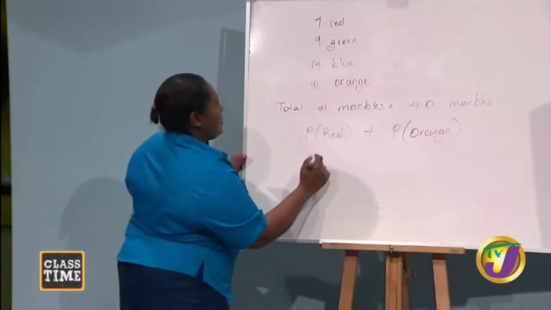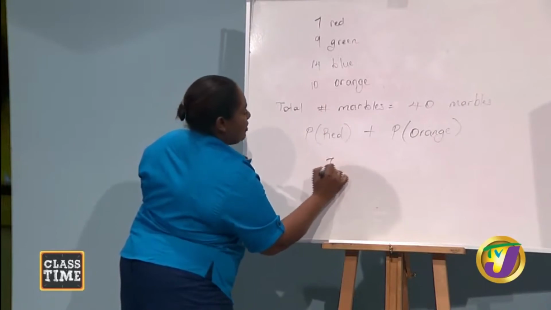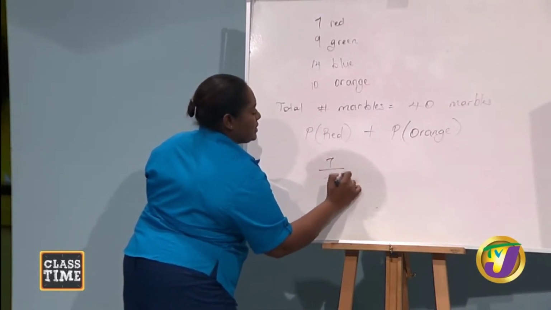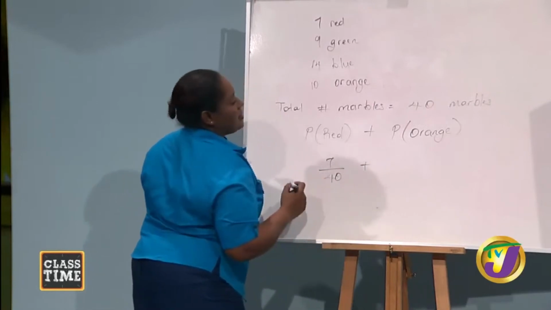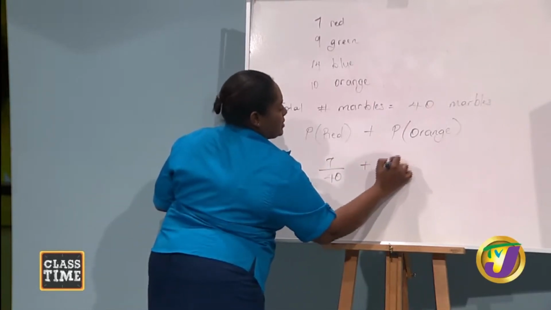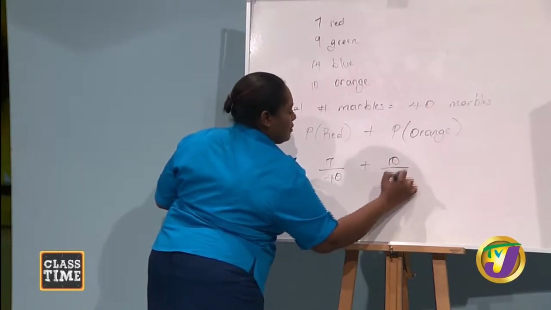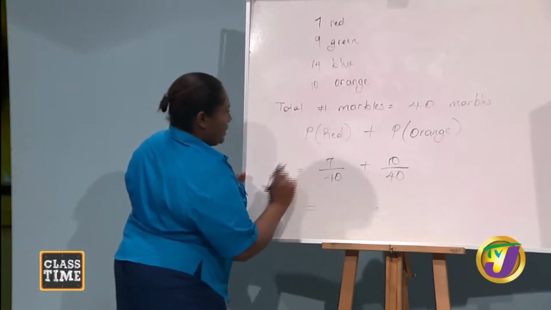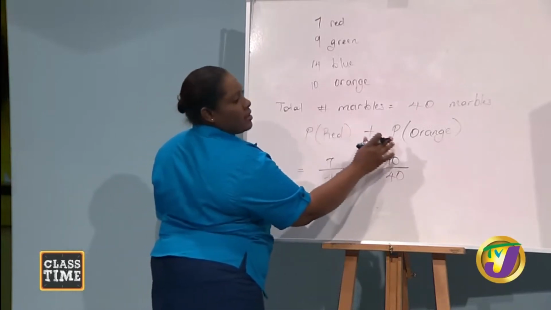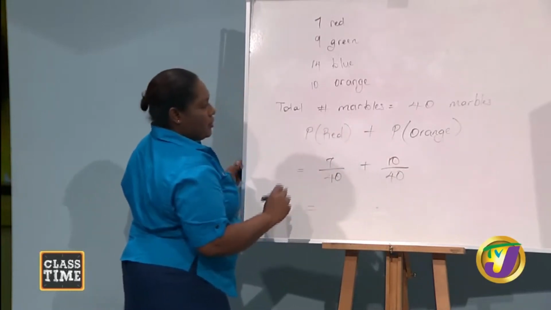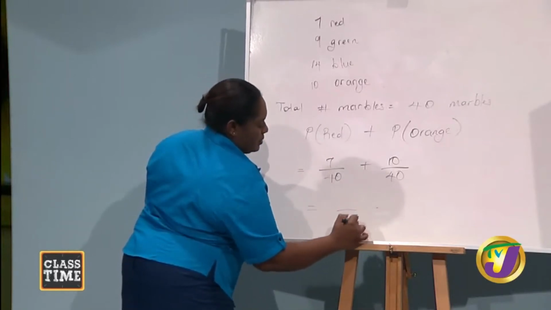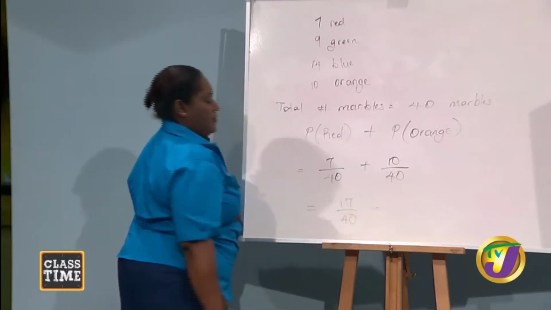We know that there are 7 red, and the total remains 40, and there are 10 orange, and the total remains 40. So the probability of selecting red or orange would be 17 out of 40.